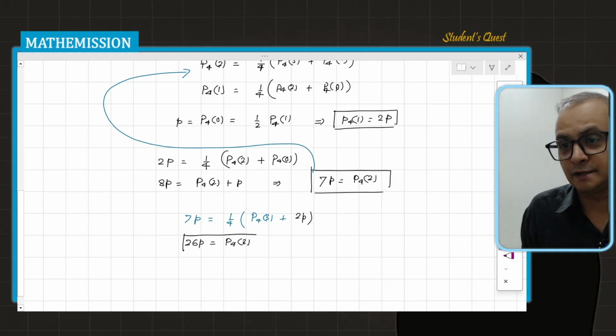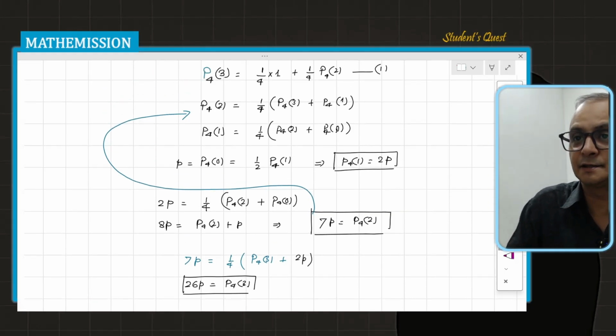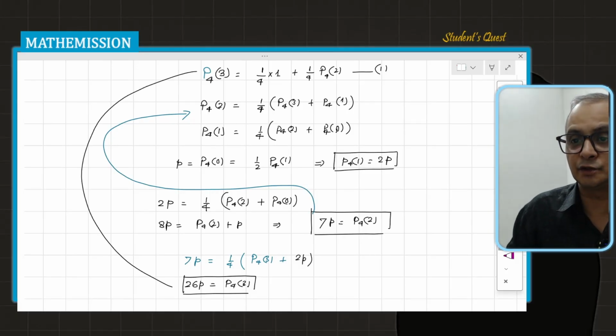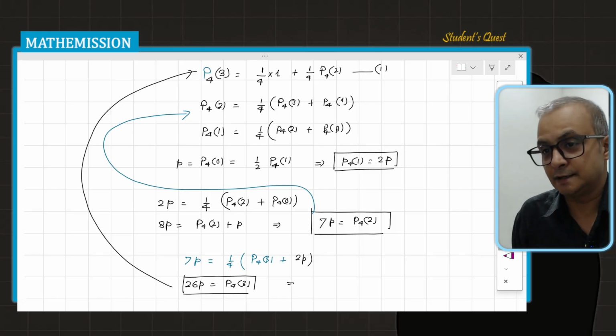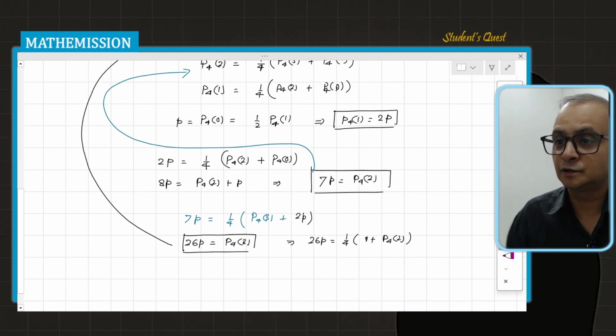And now we know the process. This is going to be P43 now. Again in this last equation, I'm going to substitute it there. So let me write it here, that is 26P is equal to 1/4 of 1 plus P42. But notice P42 is 7P, so we substitute it there.